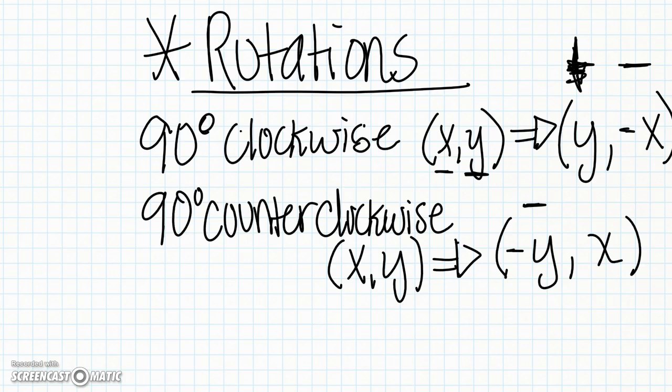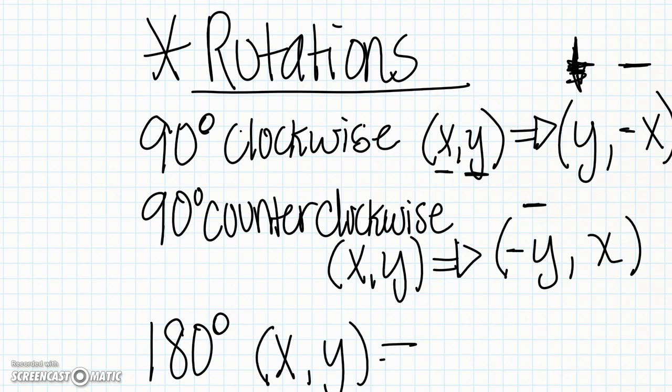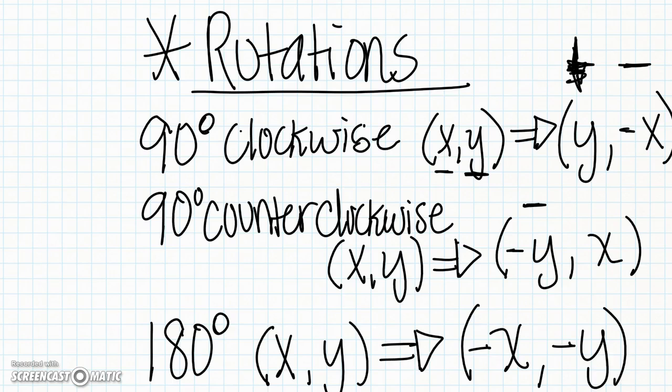After that, if you want to rotate 180 degrees, you're going to start off with x comma y, and it's going to change to negative x comma negative y. In this next part, I'll do 3 different examples of ordered pairs with the different rotations.